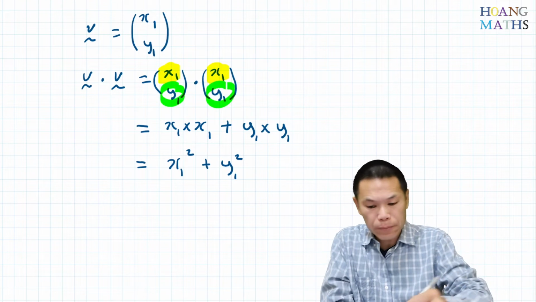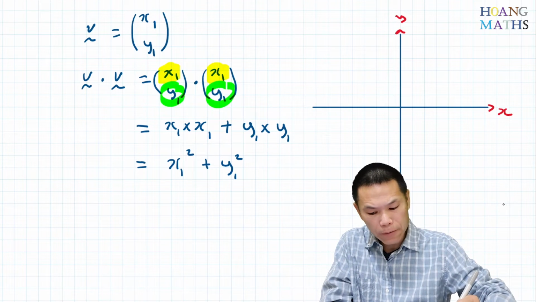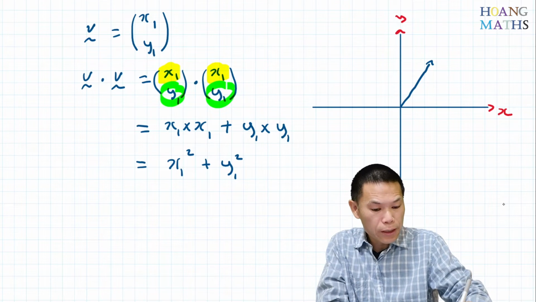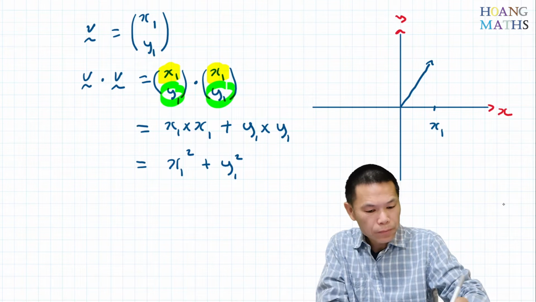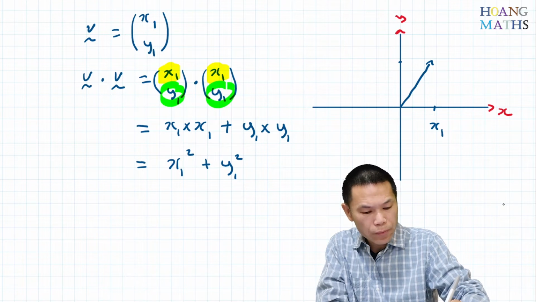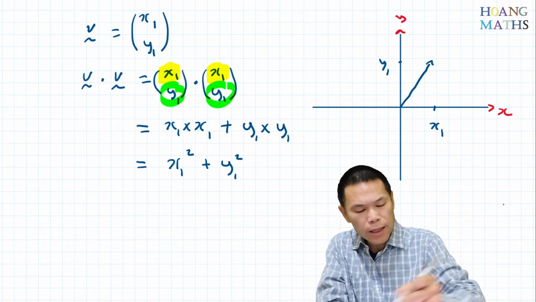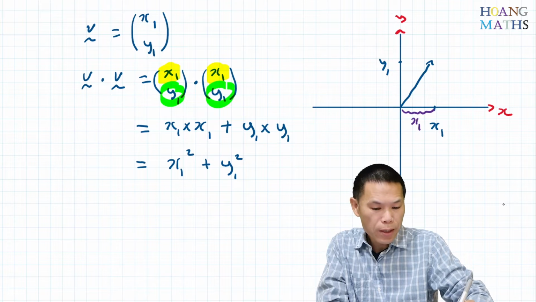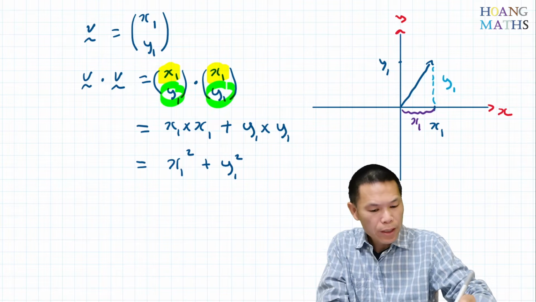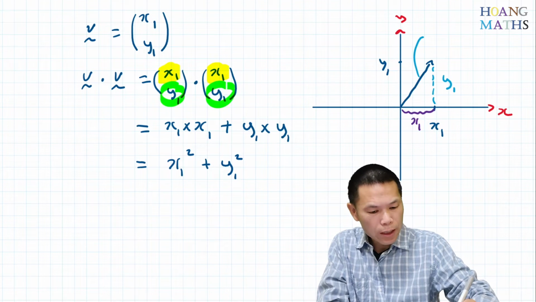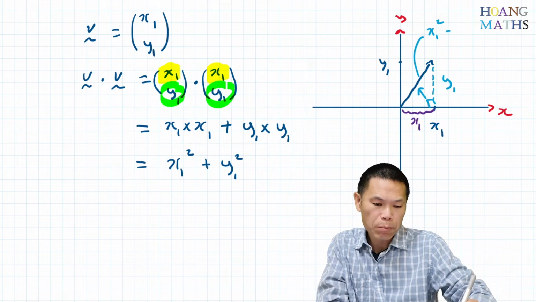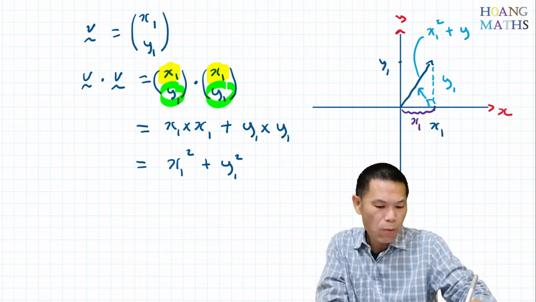If you think about it, let's say vector v is here. This is x1, this is y1. So the horizontal distance is x1 and the vertical component is y1. The magnitude of this, from Pythagoras' theorem, because this is the hypotenuse, is the square root of x1 squared plus y1 squared.